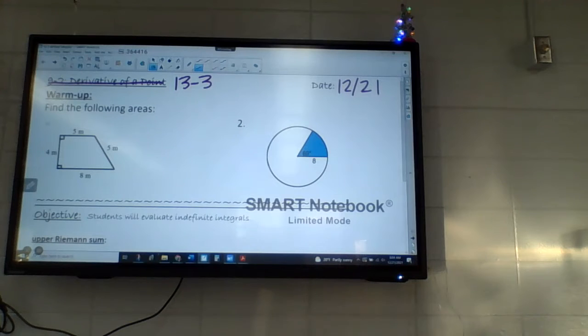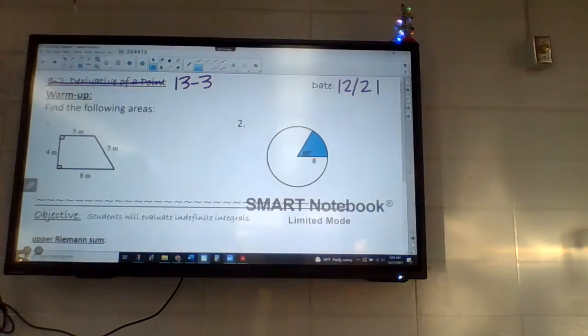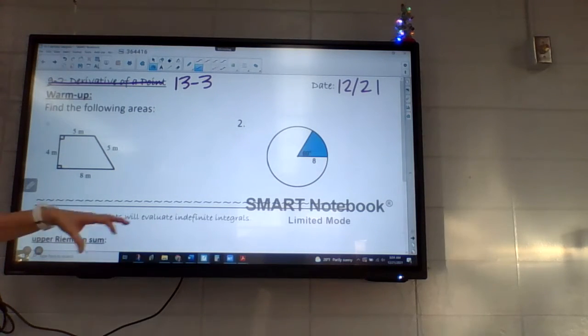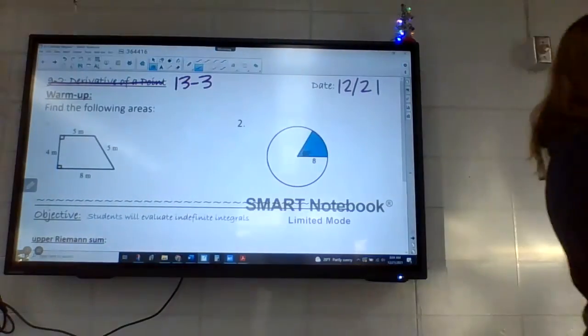All right, so we talked about this a little bit the other day, that sometimes our area under the curve is going to look a little more like a trapezoid. And so finding that area is something that we want to know how to do so that we can find the best area underneath the curve. Same thing's going to happen: there's going to be times that the area might look like a sector, so part of a circle.